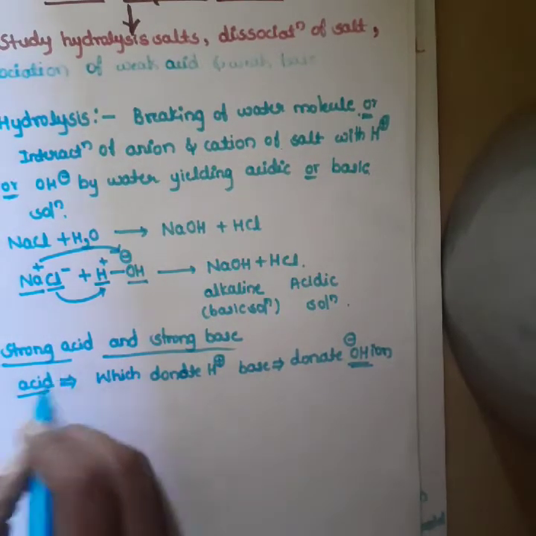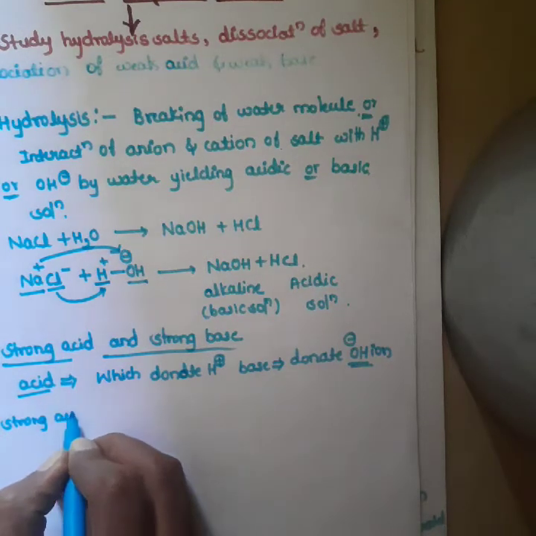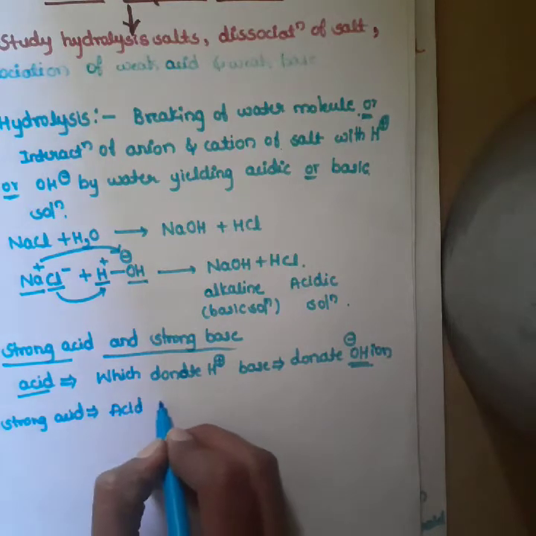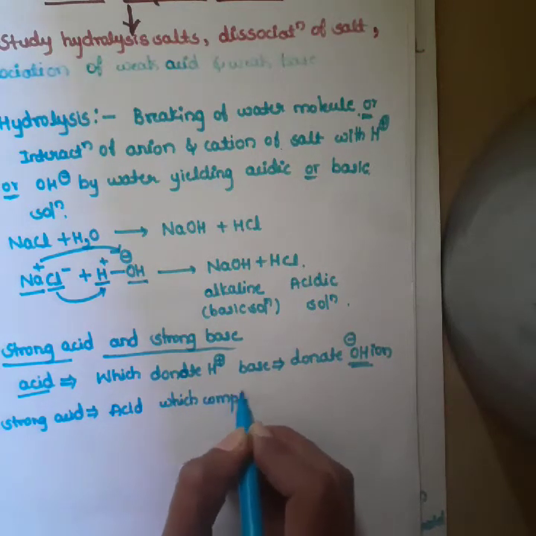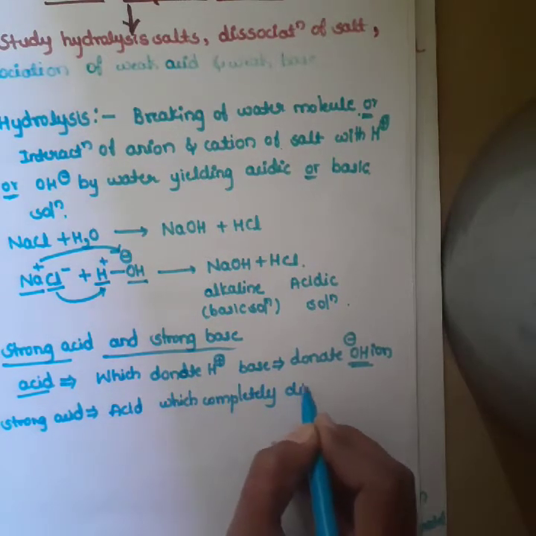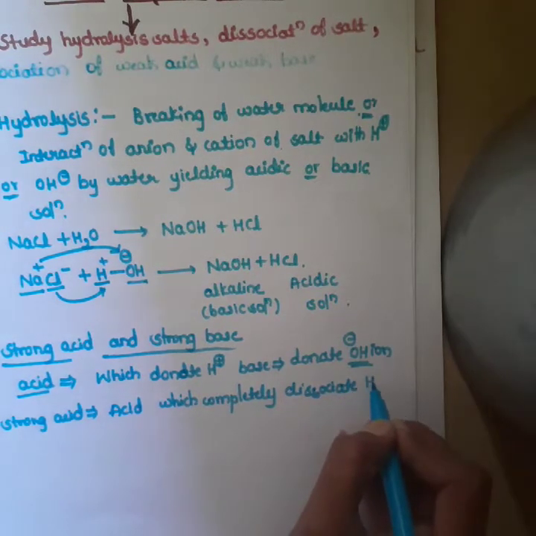Then what do you mean by strong acid? Strong acid is nothing but an acid which completely dissociates, or completely dissociated gives H plus ion.